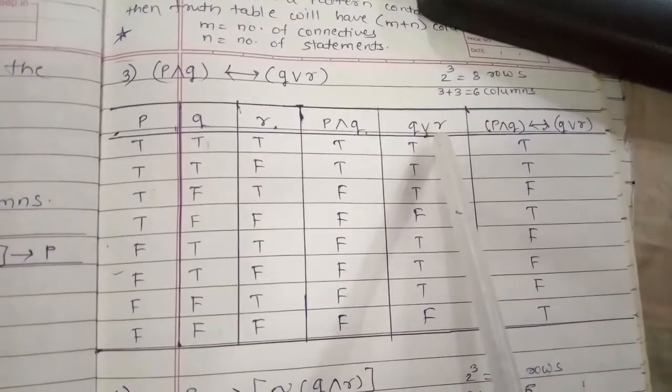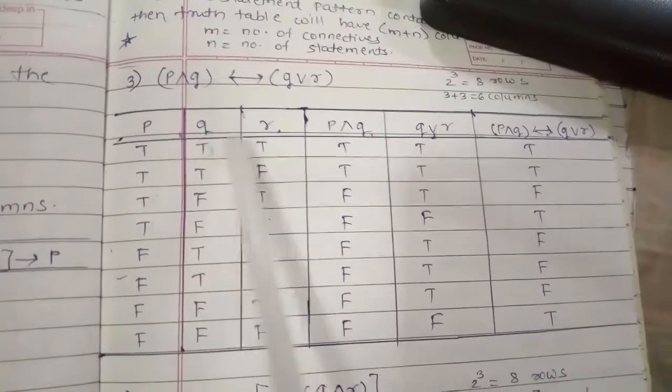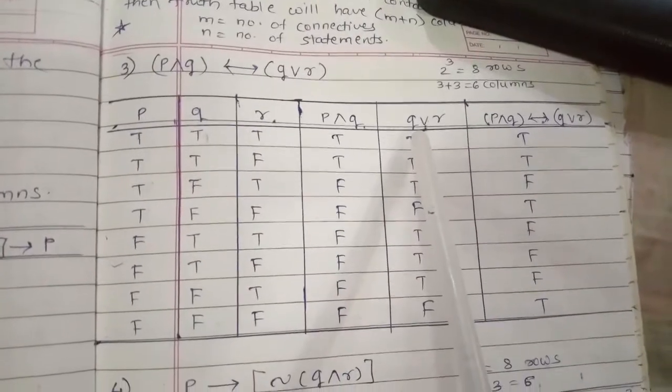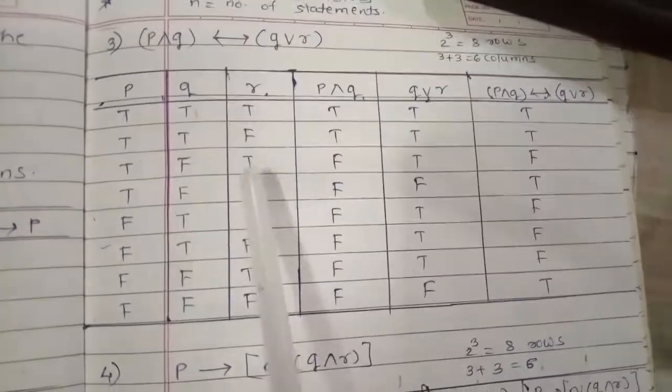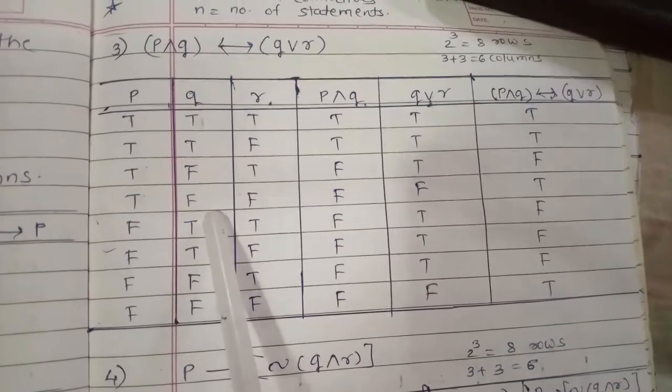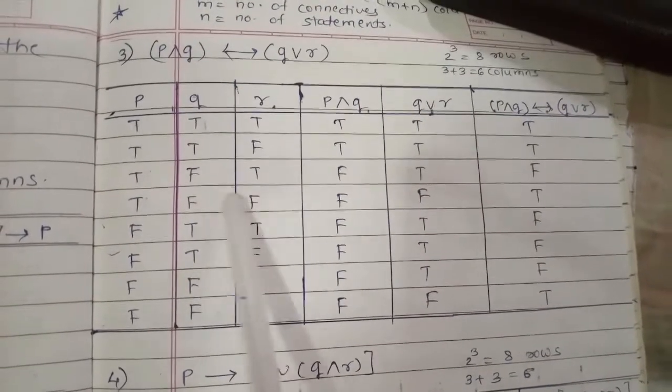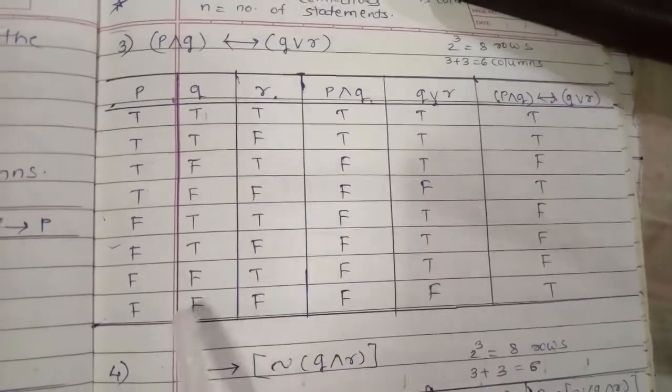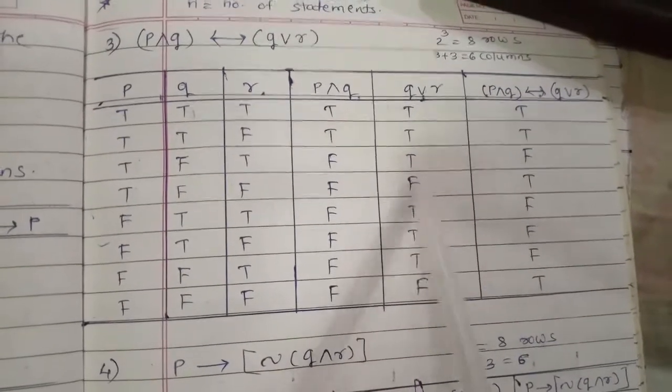Same for Q disjunction R. Now see Q and R, there is a disjunction. So the rule for the disjunction is if both the values are false then it is false, otherwise the remainings are true. So here both are false, so it is false. Here both are false, so it is false, and the remainings are true.